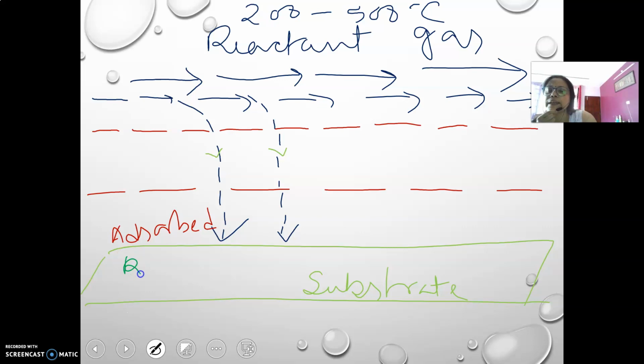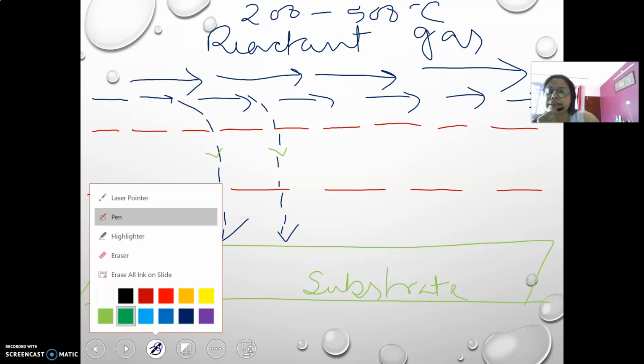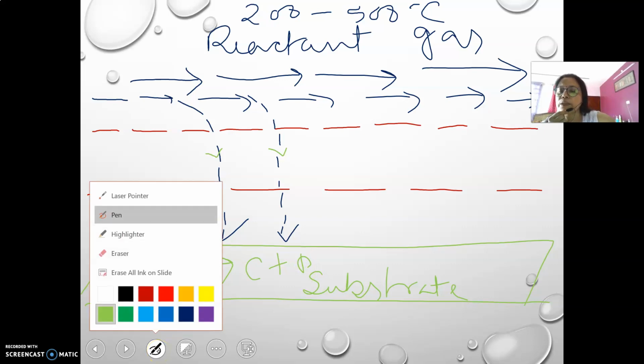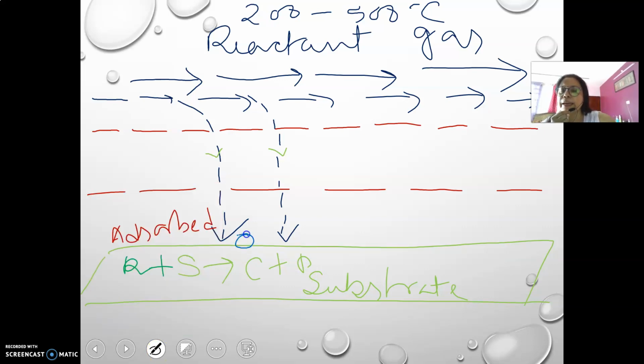So the reactant gas may undergo a chemical reaction with the substrate. If the chemical reaction takes place, they may produce some molecule C which will be deposited on the surface.